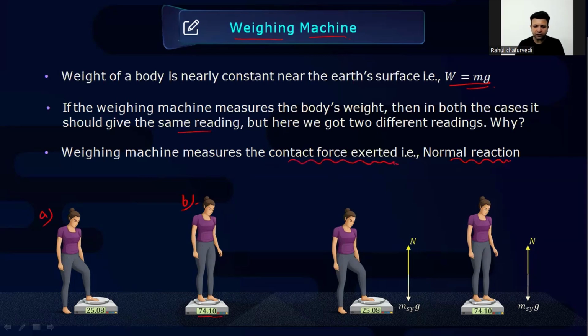Since the contact force is reduced when only one leg is on the machine, the contact force is less, and in the other case, the contact force is high, right? The contact force is directly proportional to the normal reaction. This can be asked in your exam: what does a weighing machine measure? The weighing machine actually measures the normal reaction.